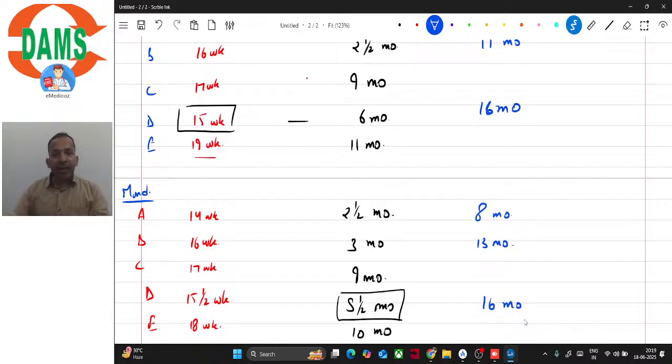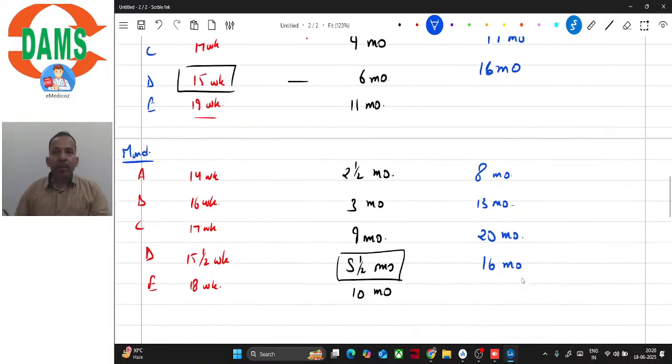The upper canine erupts slightly before lower canine. In case of permanents, the lower canine erupts ahead of upper canine. But in case of primary, the maxillary canine erupts ahead of mandibular canine, right? So the maxillary canine erupts at 19 months, whereas mandibular canine erupts at 20 months, right?